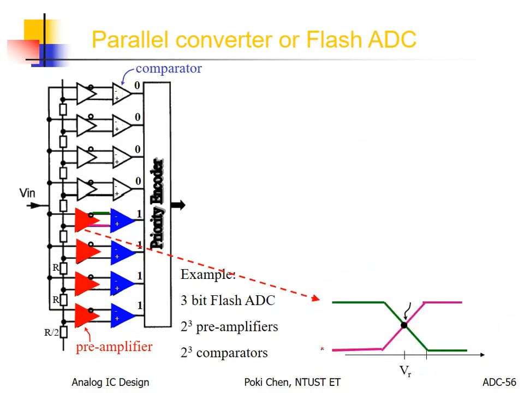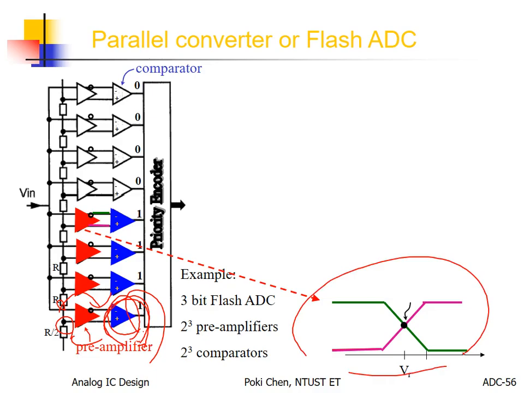If everything is perfect, to make the output of the comparator become 1 or 0, what is the threshold voltage for this one, if the comparator is perfect? Because this is from the input to the output, actually the comparator compares the outputs of the preamplifier, maybe this is VO plus, that is VO minus.